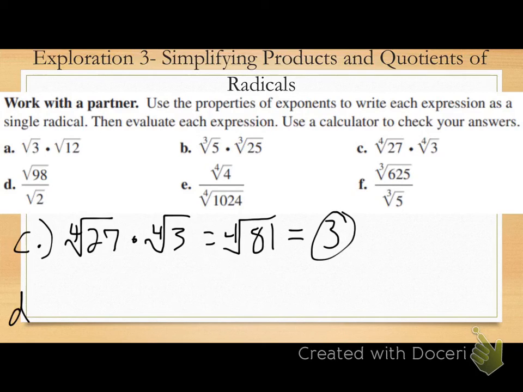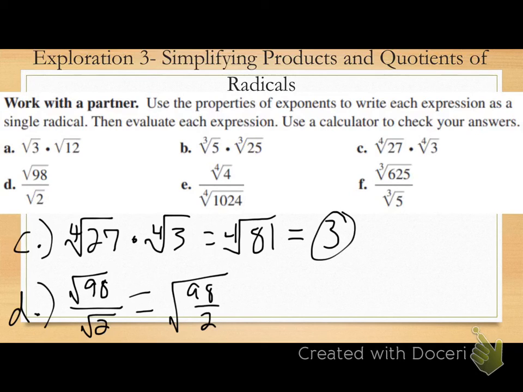D. Square root of 98 over square root of 2. Knowing what I know from A, B, and C, what do you think we're going to do with letter D? Divide. I can write this as one radical, as the square root of 98 over 2.